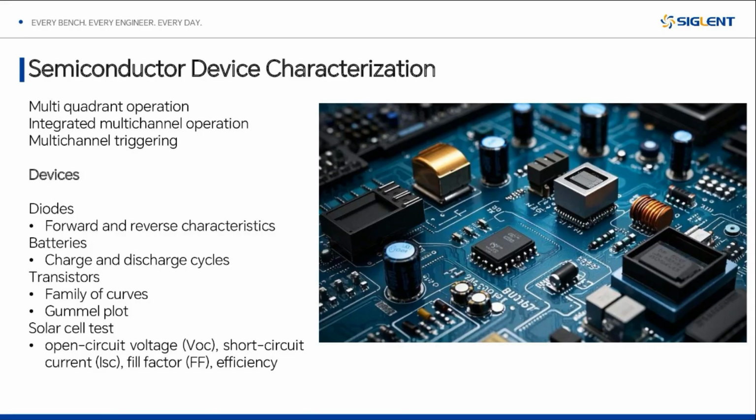Now we're talking about really complex devices and how we can use those tools to optimize some of the measurements around some of these devices we want to look at, and some of these characterization tests we need to do. And we're going to take a quick look at four devices here, right? Diodes, batteries, some transistors, and solar cells, and how these work together to make these measurements.